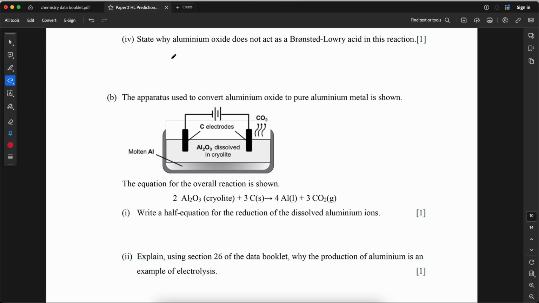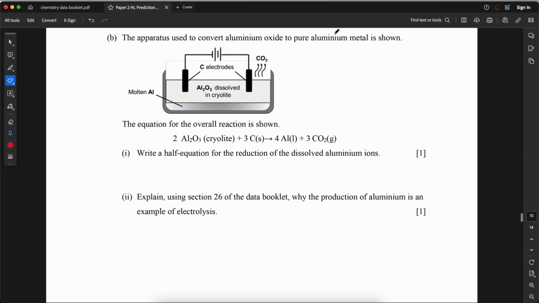But actually, there is no proton transferred between Al2O3 and NaOH. Al2O3 is amphoteric. It can act as both base and acid, but it's not amphiprotic, which is able to donate and accept proton.